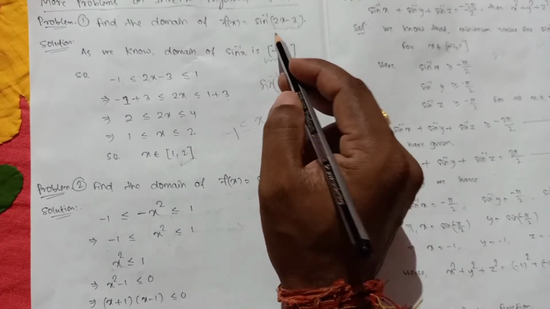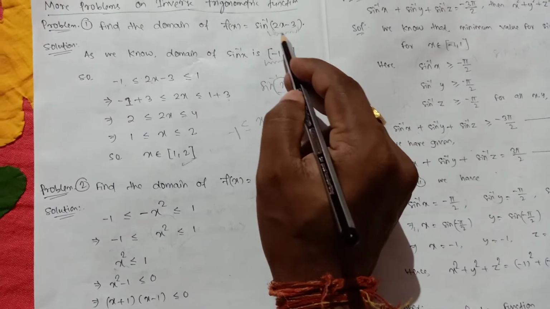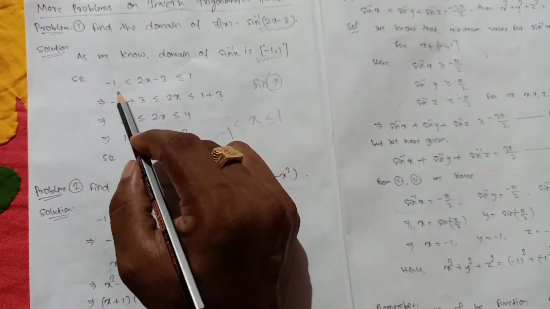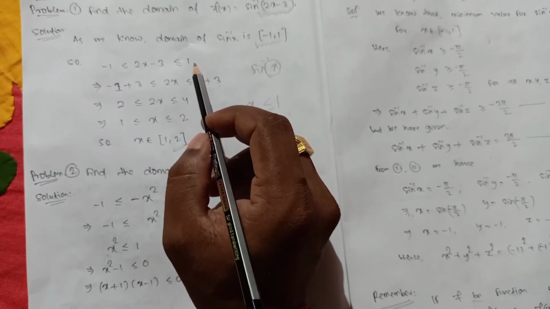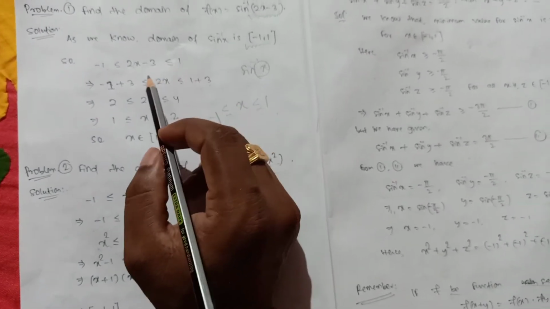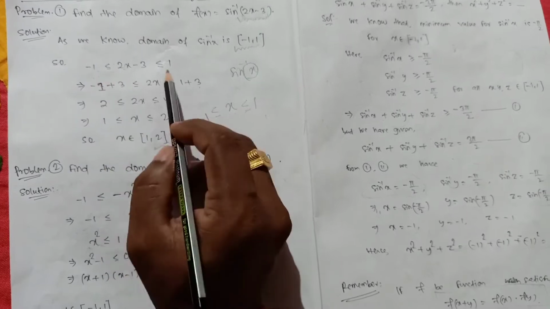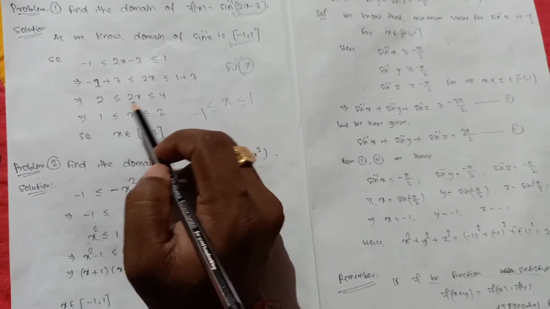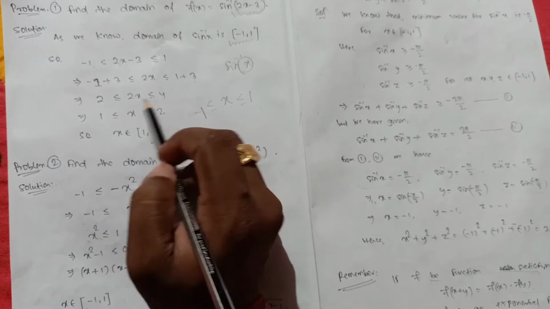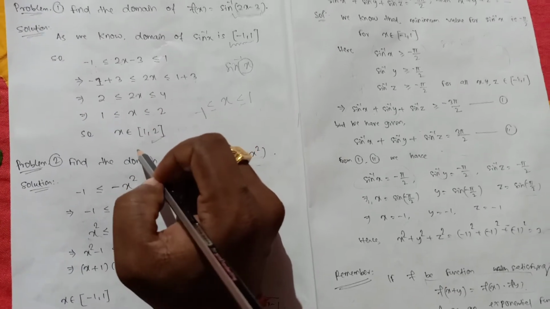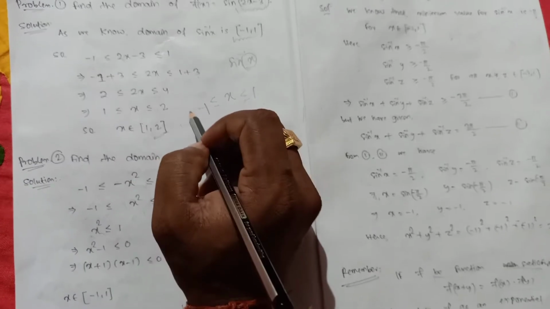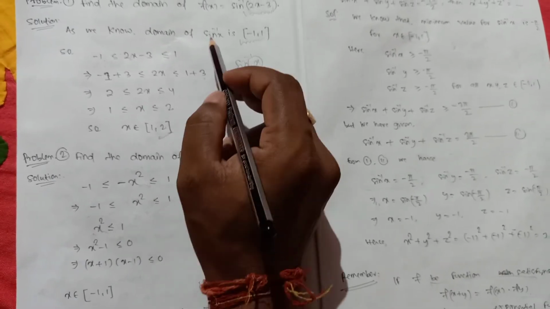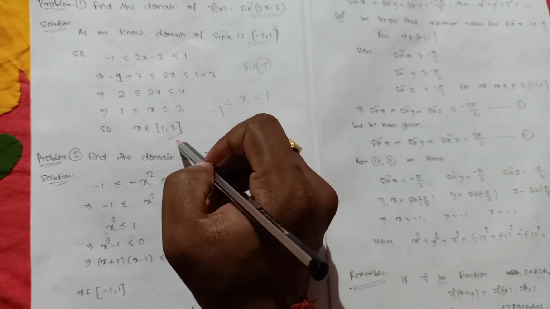Here you have 2x minus 3, so this term must be greater than or equal to minus 1 and less than or equal to 1. Now solving for x, add 3 to all sides. We get 2 is less than or equal to 2x, which is less than or equal to 4. Now dividing by 2 in all terms, we get that x belongs to the closed interval [1, 2]. So the domain of this function is [1, 2].